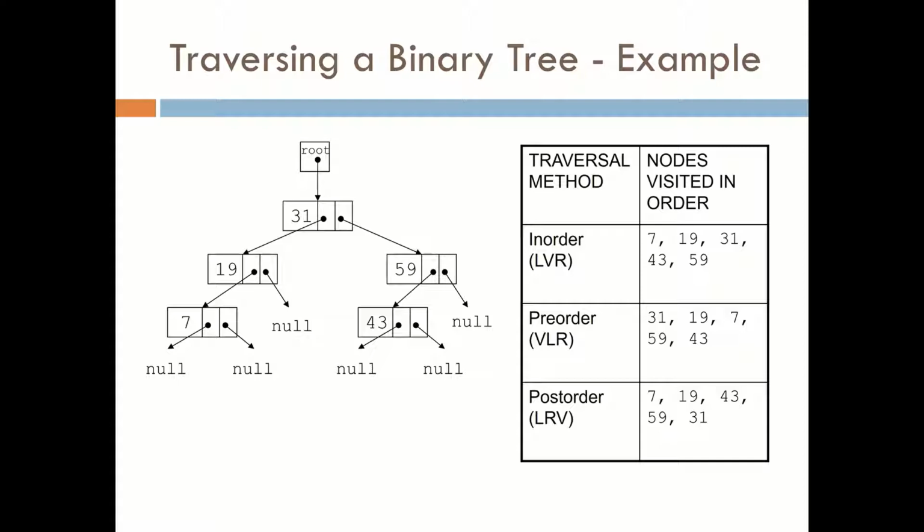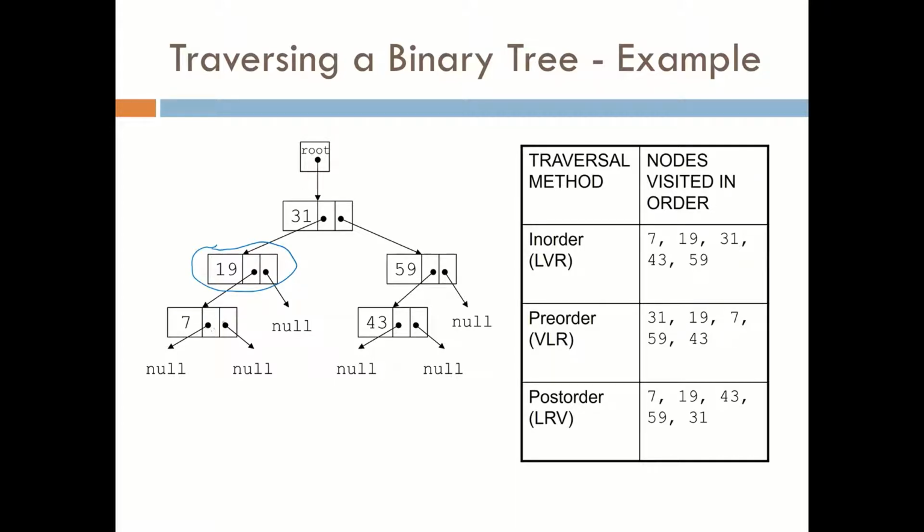So to begin traversing, we will start at the root, which is value 31, and we will immediately descend to the left subtree. And so now we're at this level, and once we get here, we must go to the left subtree.